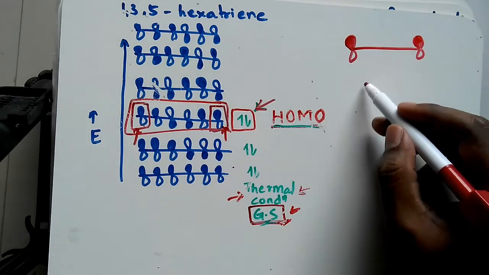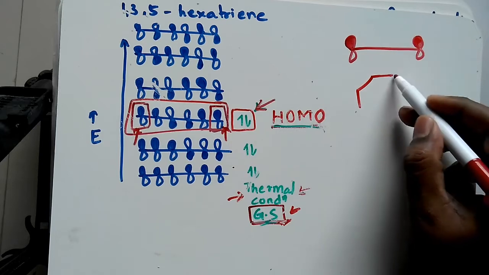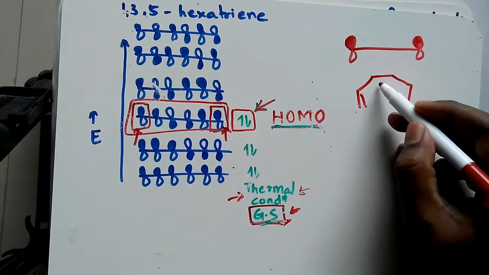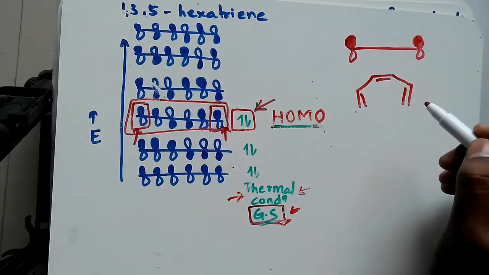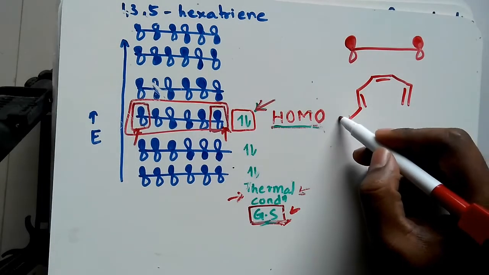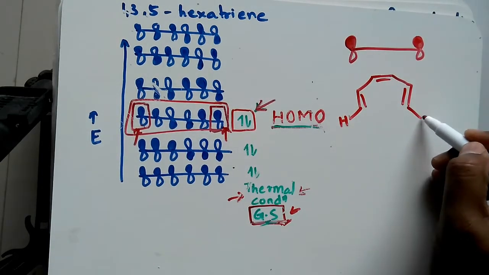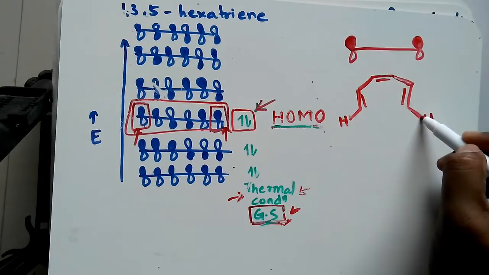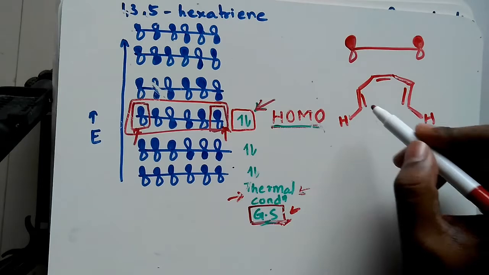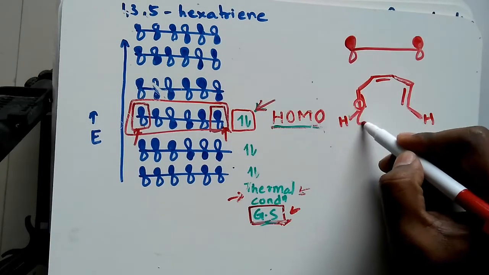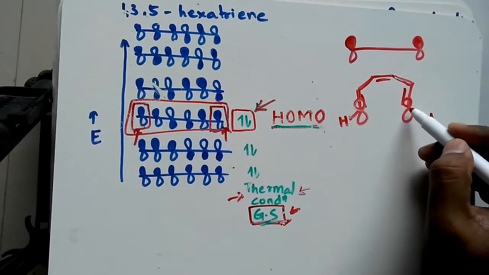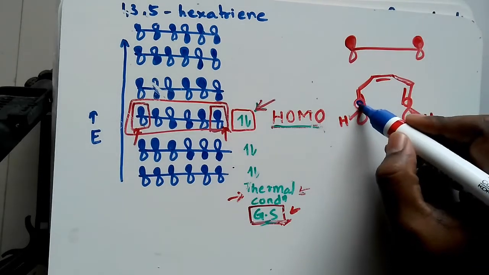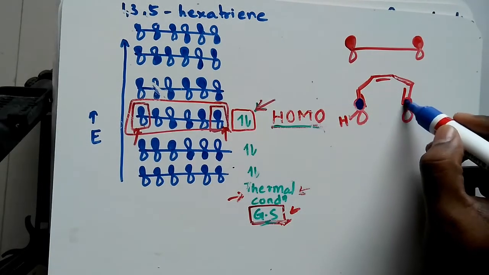Now let me draw the 1,3,5-hexatriene case. Hydrogens, as I mentioned before, were trans to this part. Very important information. Now when I am drawing the lobes, the positive phases are on top.